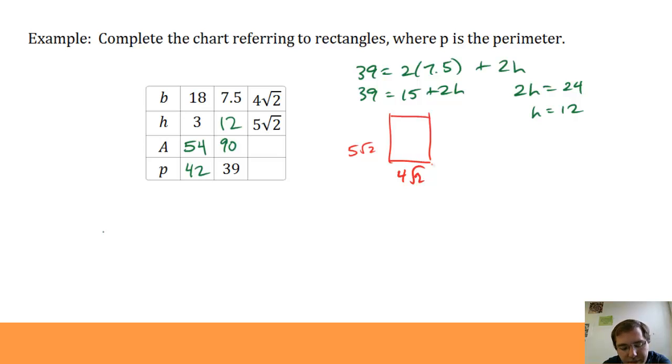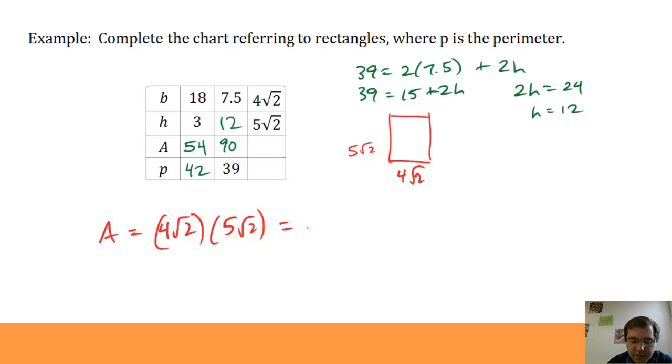But it doesn't really matter, because the area is just going to be multiplying the two. I'm going to take 4 radical 2 times 5 radical 2. So remember, multiplying numbers like this, I can multiply the numbers on the outside, 4 times 5, which gives me 20. And then the radical 2 times radical 2 is radical 4.